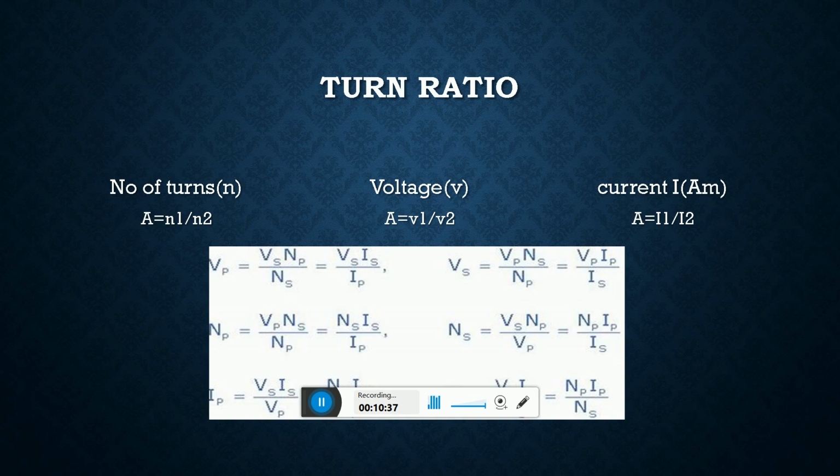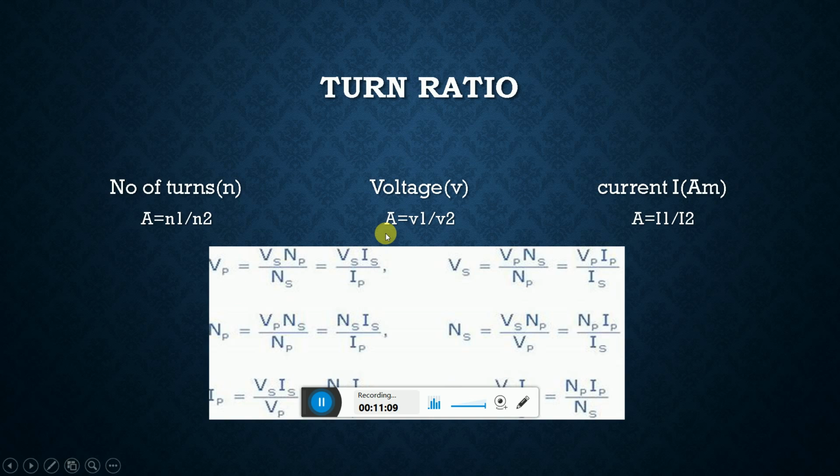The voltage ratio equals the turns ratio, equal to V1 by V2. The current ratio is equal to I2 by I1. I made a mistake here: the current is inversely proportional, because when the number of turns increases, the resistance increases, due to which the current decreases. So here the current ratio will be I2 by I1.